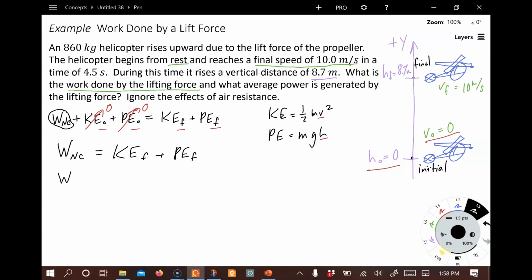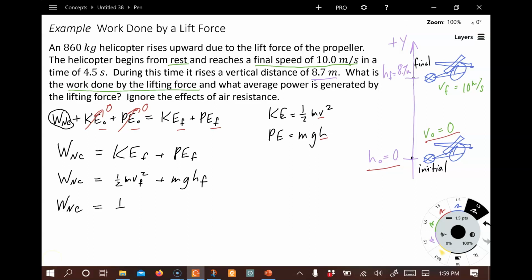And finally, let's go ahead and put in our equations for the kinetic energy. 1/2 m v final squared plus m g h final. And when we plug in all of our numbers here, we're going to get an answer for the work done by the non-conservative force.